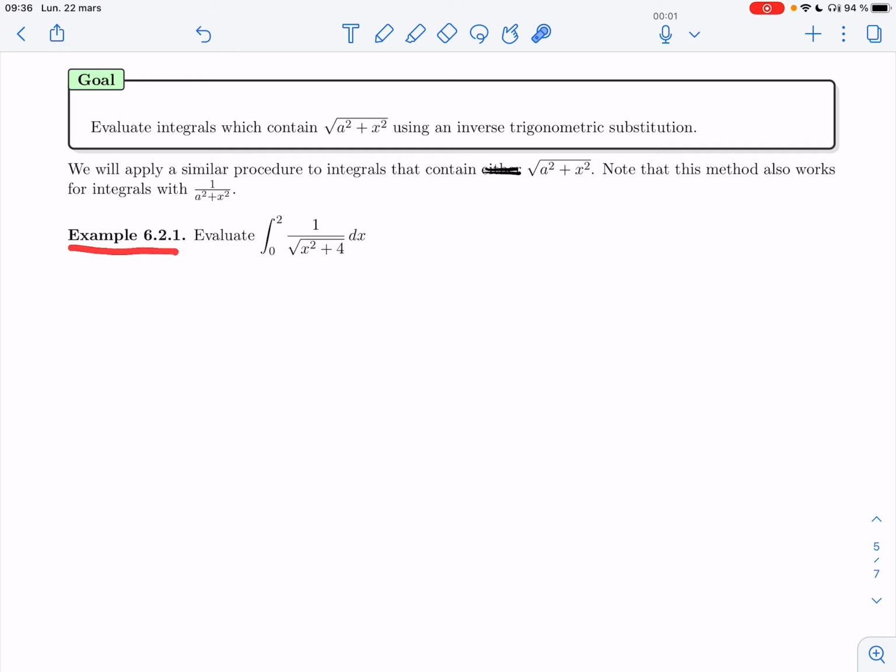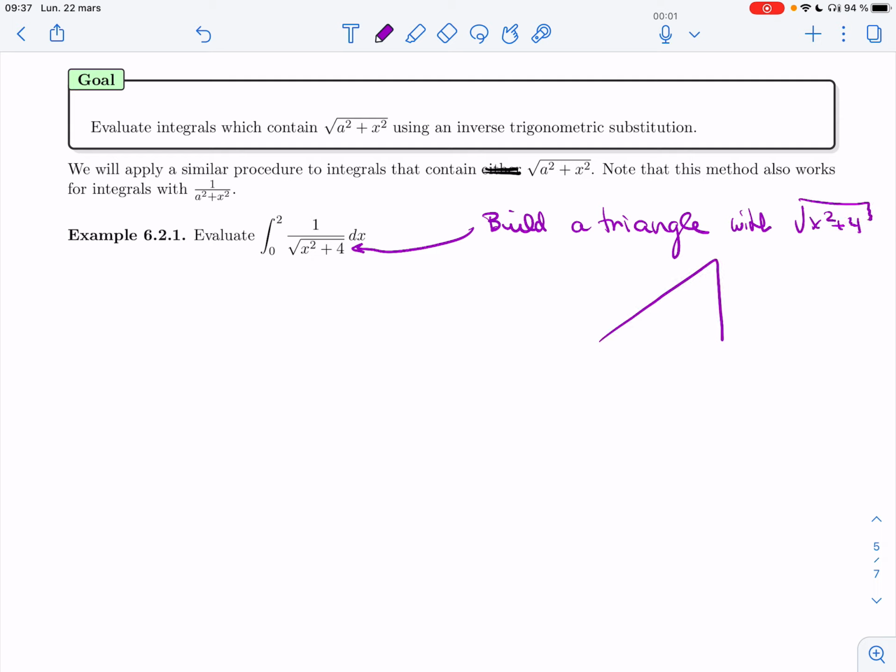Example 6.2.1, evaluate the integral from 0 to 2 of 1 over square root of x squared plus 4 dx. So I'm going to start by trying to build a triangle. I want one that has square root of x squared plus 4 as one of its sides.